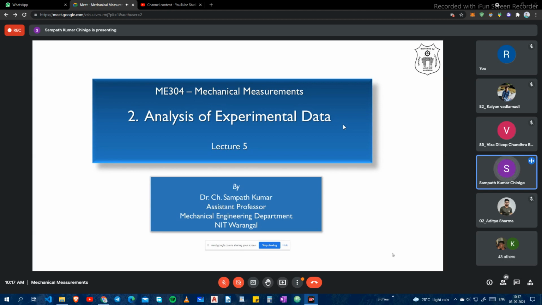As we have discussed in our previous classes, accuracy is one thing and precision is another thing. Accuracy is how close the measured value is to the true value. So for the input, how close the output is, that is what you call accuracy. In another sense, it may be called an error also.